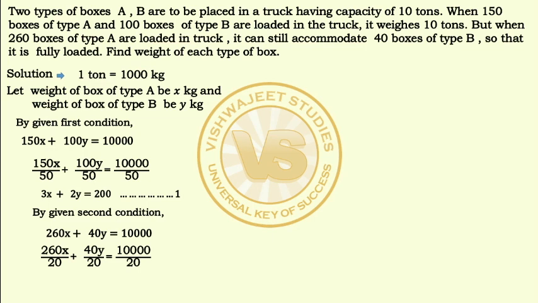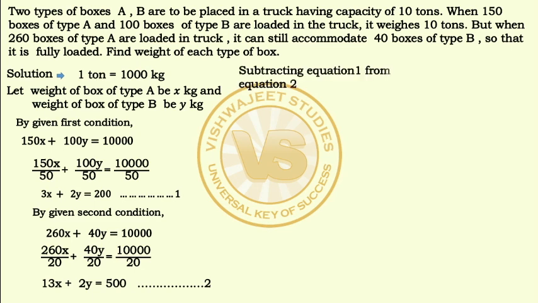So, 260x upon 20 plus 40y upon 20 is equal to 10,000 upon 20. After dividing by 20, we get 13x plus 2y is equal to 500, which is our second equation. The coefficient of y in equation number 1 and equation number 2 is the same. So we are using the equating coefficient method to solve.